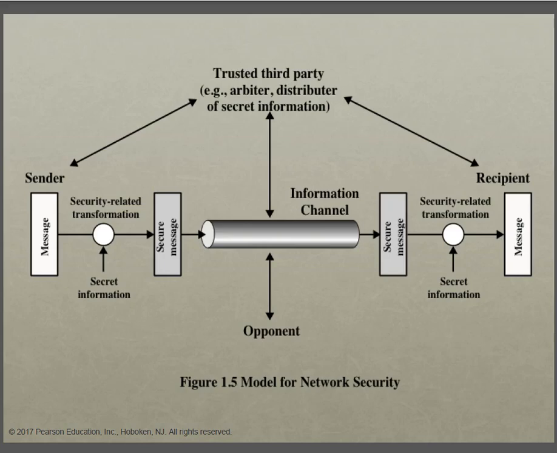Design an algorithm for performing the security related transformation. The second one, generate the secret information. Third, develop methods for the distribution and sharing of the secret information. Here we call it the trusted third party. And finally, specify a protocol to be used by the two principals that makes use of the security algorithm.